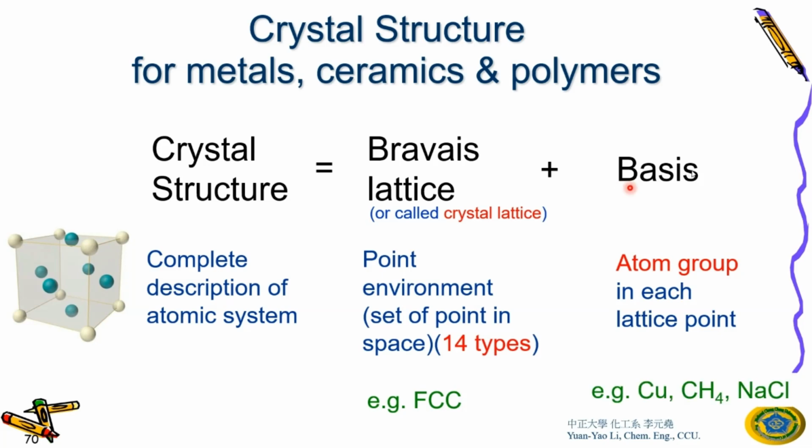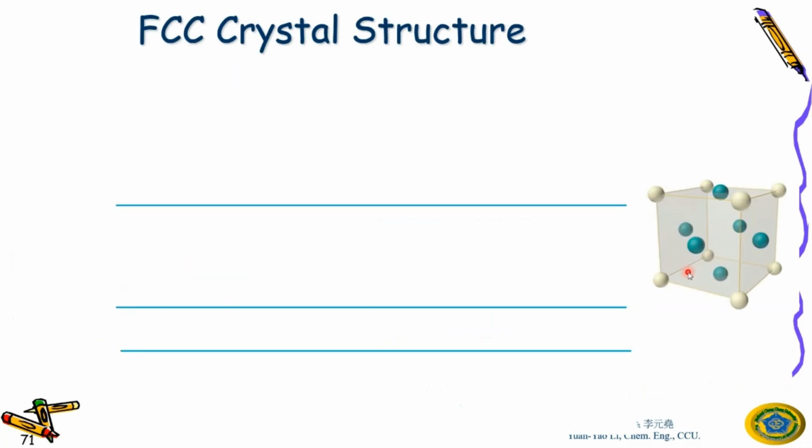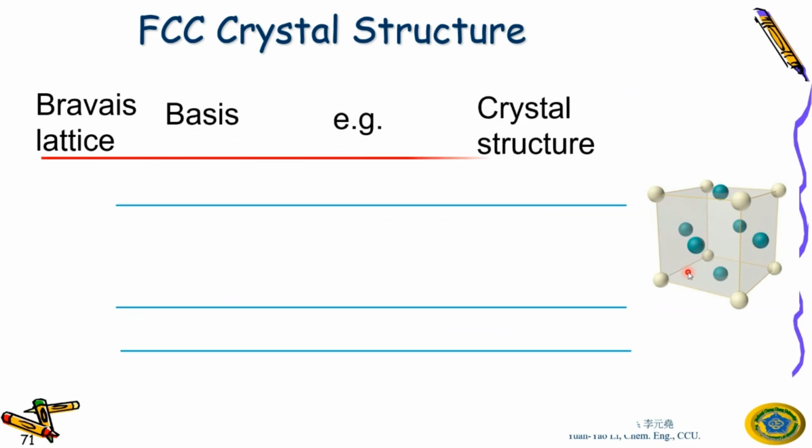Okay, so this atomic group can be a copper atom, a methane molecule, or a sodium chloride ion pair. Here I want to show you the Bravais lattice plus basis, which gives a crystal structure.